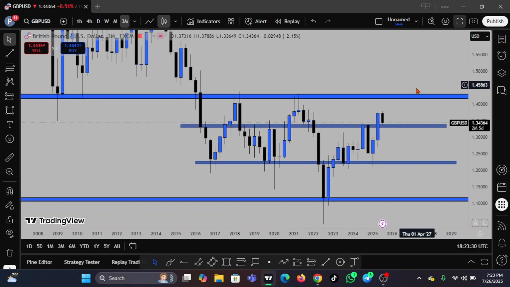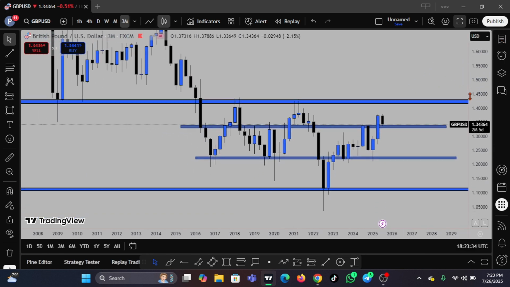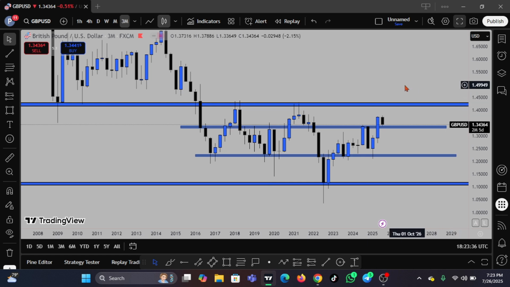Let's go. So first here we have Gbpusd. Gbpusd, we are looking for potential move to the upside, right? Gbpusd has rejected strongly from this point and it's looking like we want to test this major resistance right here. However, we have price dipping down. Now retesting this level.